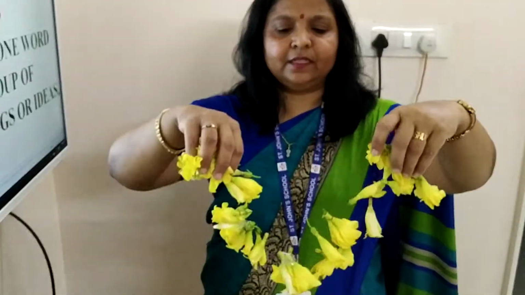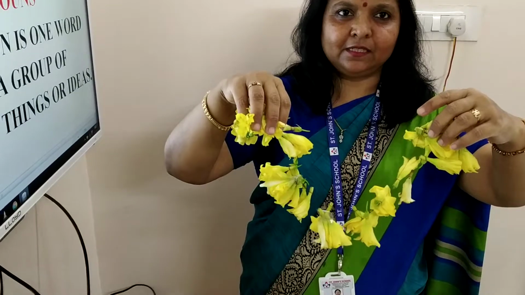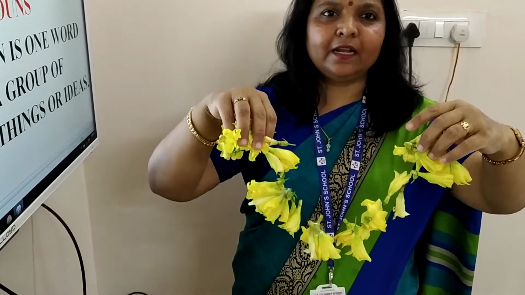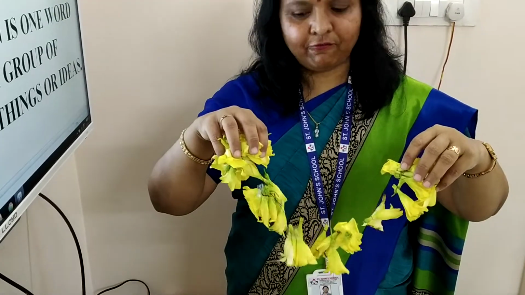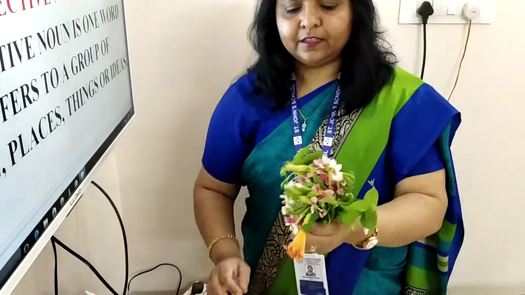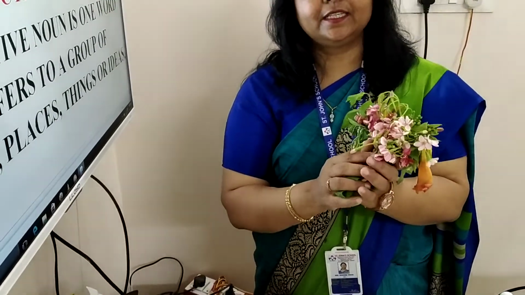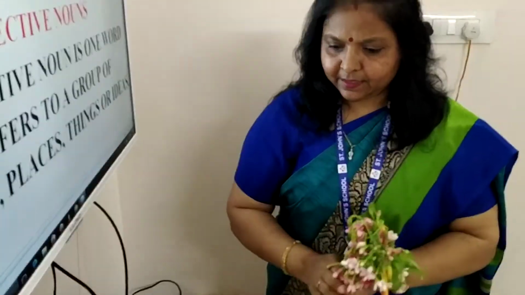Now when we have flowers strung together, we call it a garland of flowers. We had a string of pearls and a garland of flowers. Suppose we take flowers together in the form of a bunch, then it is called a bunch of flowers.